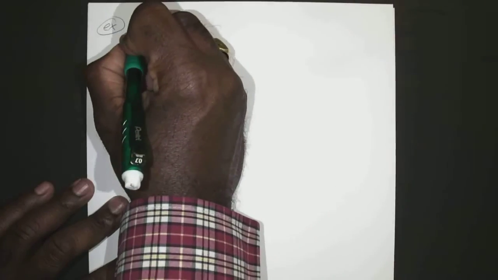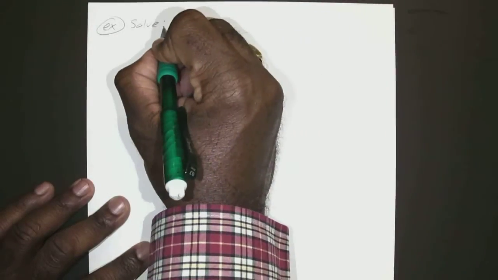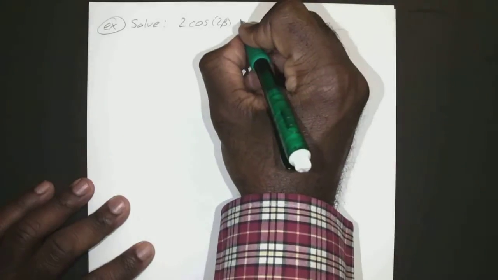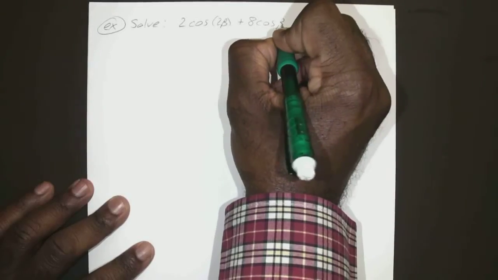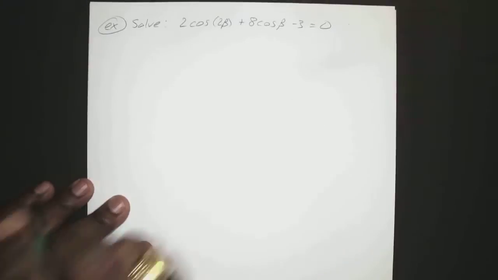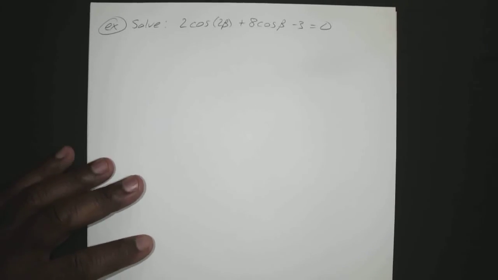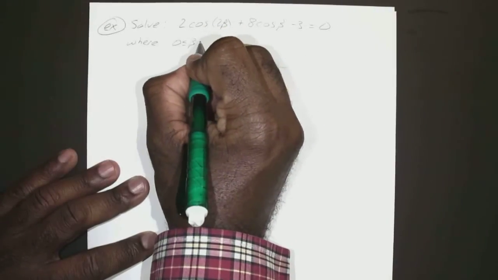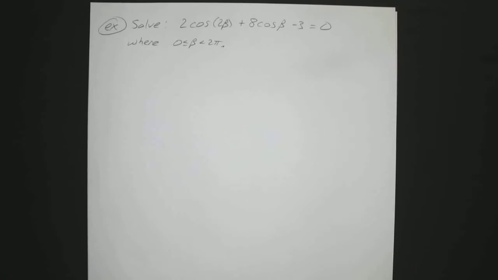Okay, so let's say we wanted to solve 2 times cosine of 2 beta plus 8 times cosine of beta minus 3 equals 0, where beta is between 0 and 2 pi. Okay, so for this one, they threw in a cosine of 2 beta, which throws our plans off a little bit.